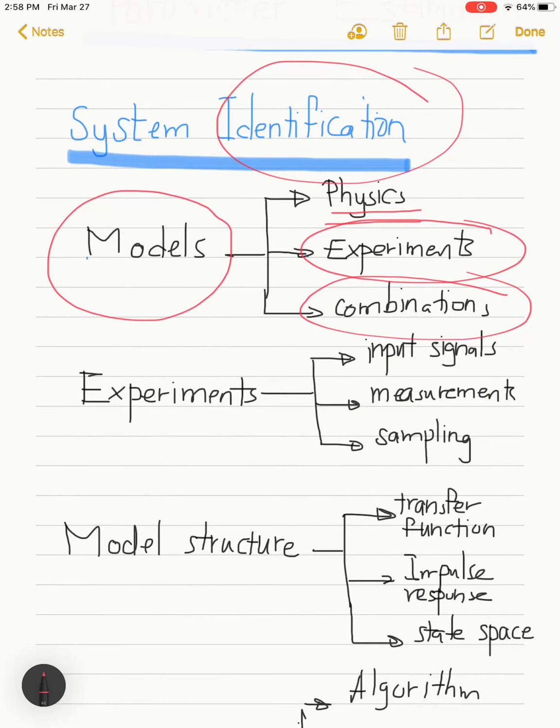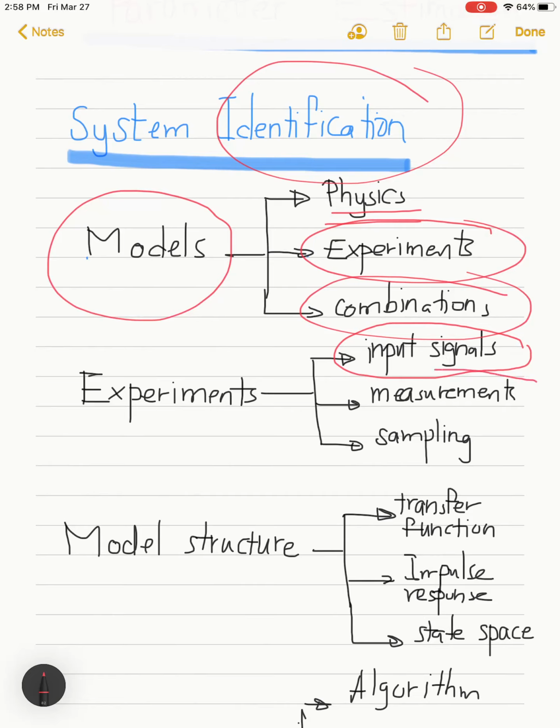The experiment itself has to be designed. And one of the important factors in designing an experiment for system identification is to select the input signal, because if that input signal is not actually rich enough, and I mean by the word rich is that it's not capable of exciting the dynamics of the system so that they appear in the measurements, then that input signal is useless.